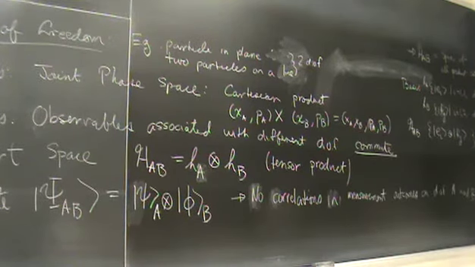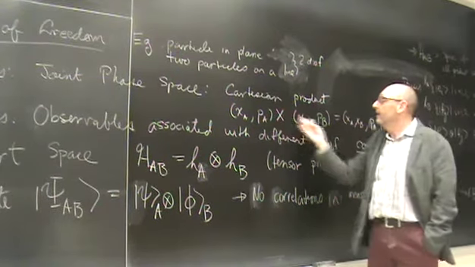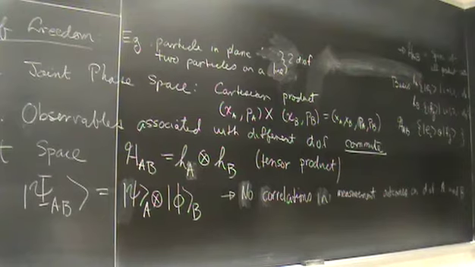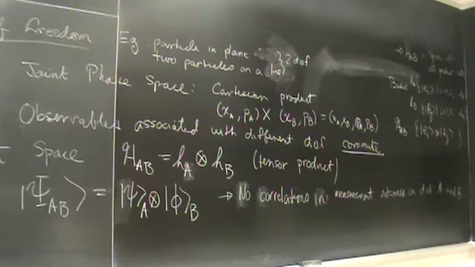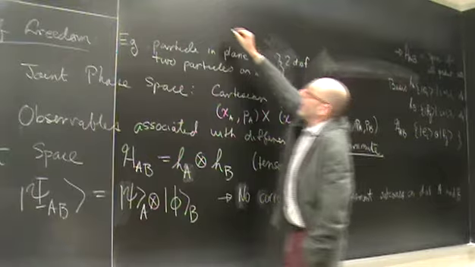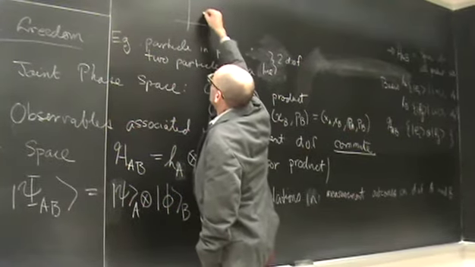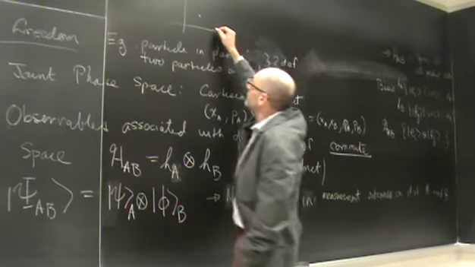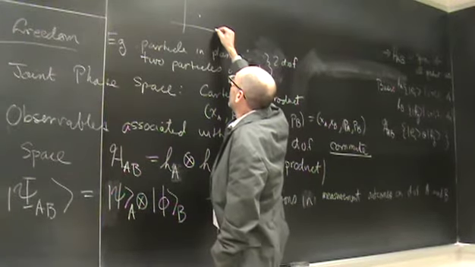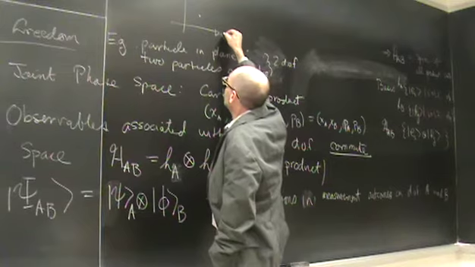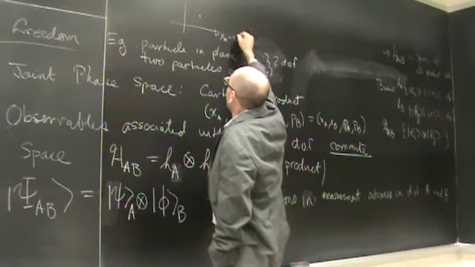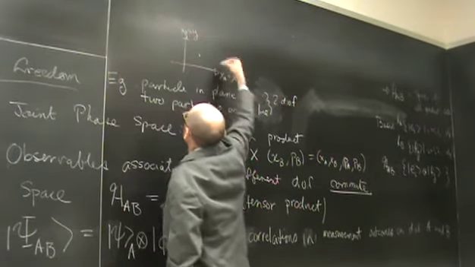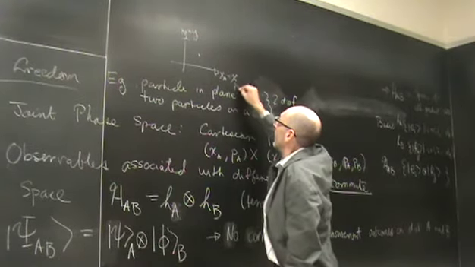Now, as I mentioned, the division into the degrees of freedom is not necessarily unique. For example, as I mentioned last time, if I talk about a particle moving in a plane, I could have one degree of freedom be motion along the x-axis, and the other be motion along the y-axis, and then there's a conjugate px and py.